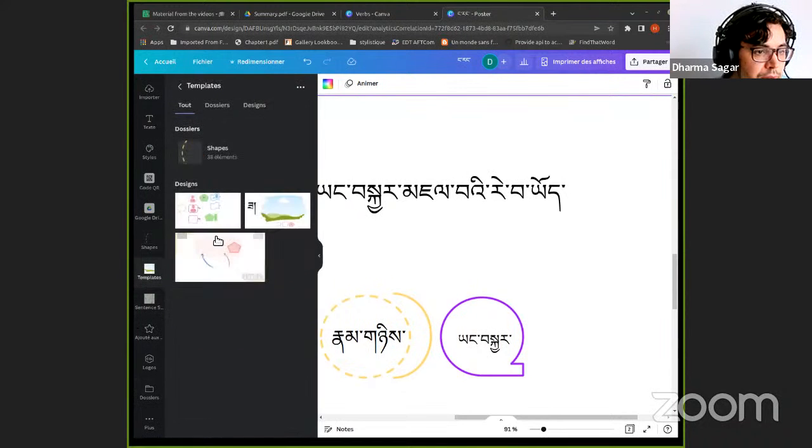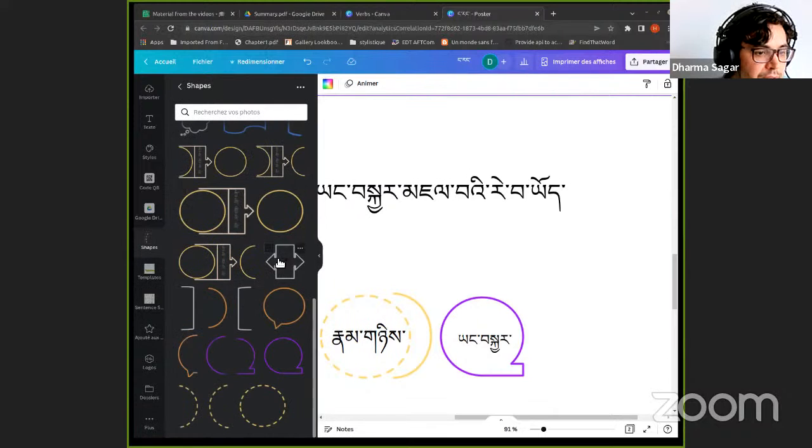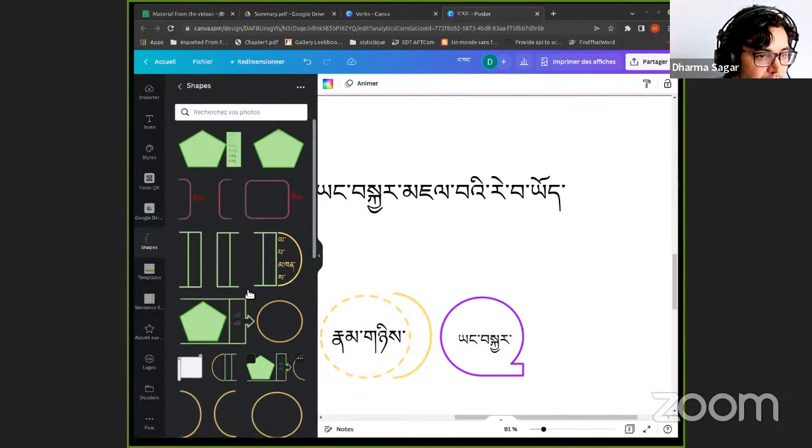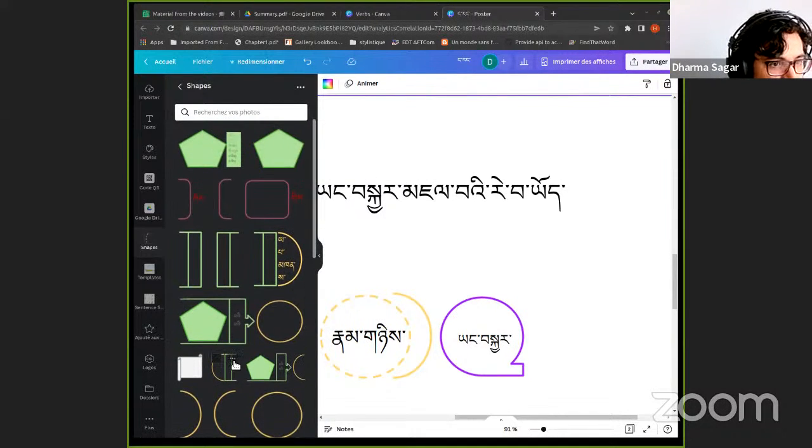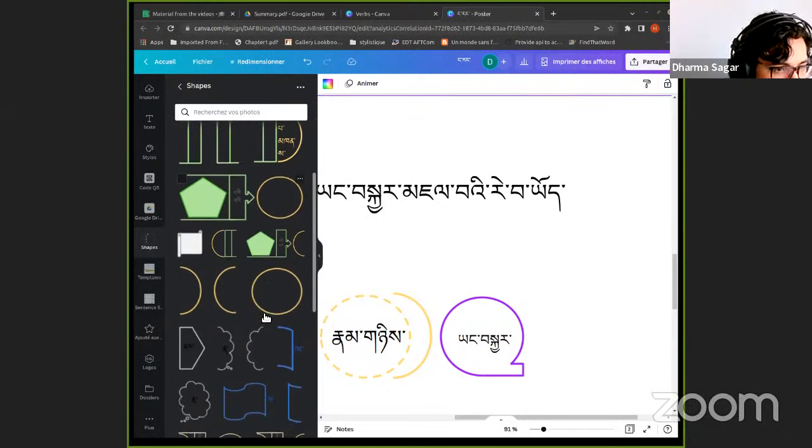So template shapes. Jelwa. Do I have a special shape for that or not? Looks like I need to.